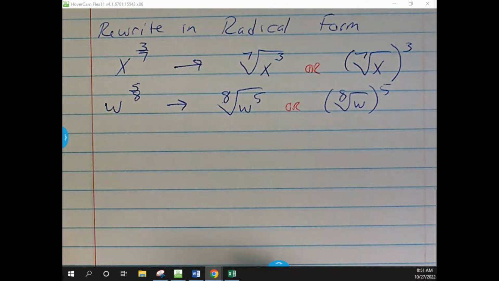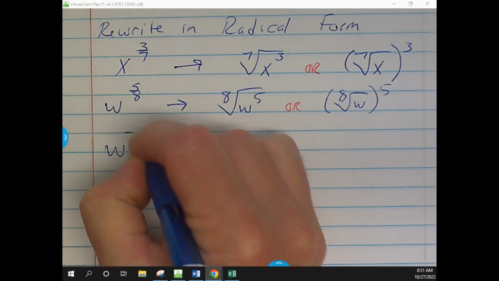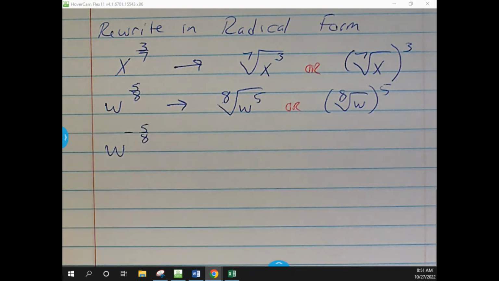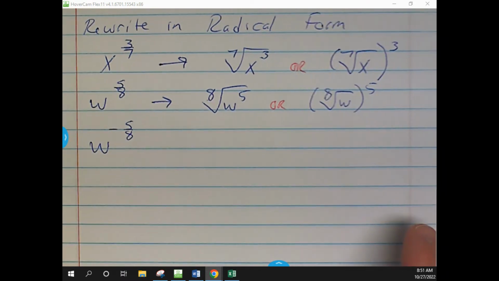All right, if you happen to get a negative power, like negative 5/8, let me flash back for a minute before we do the negative.